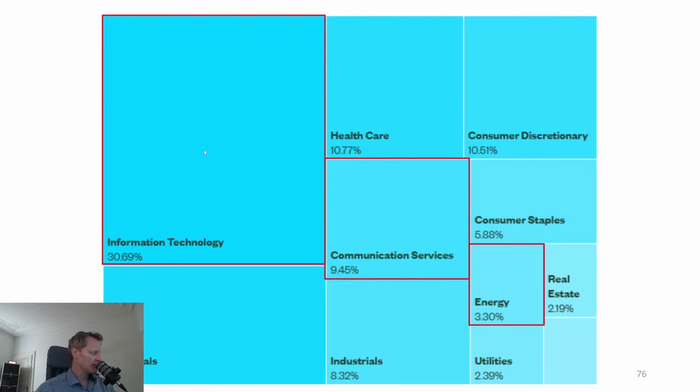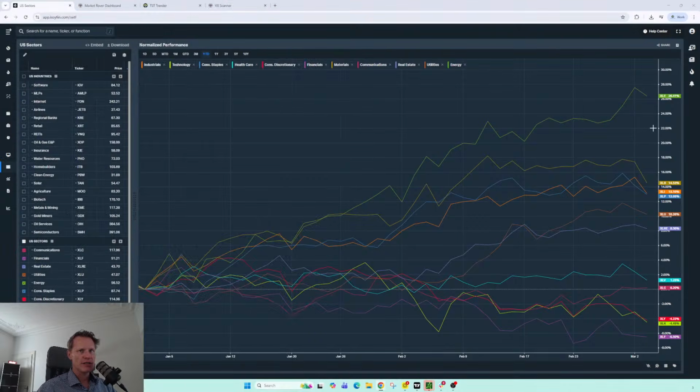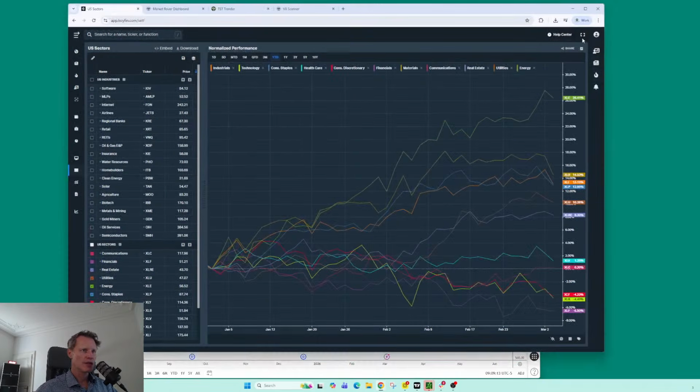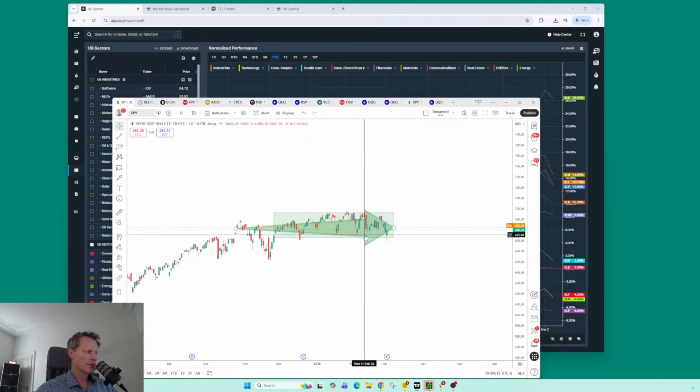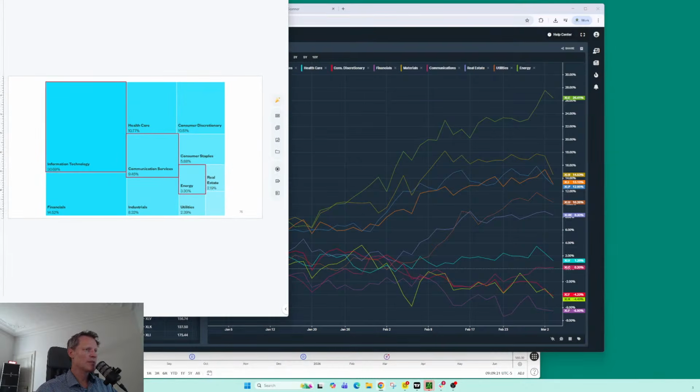So this year, I'm going to switch over to the performance chart. This year, you can see that the XLE, or the tech sector, is up 26% on the year, yet the index, as I just mentioned, has gone sideways. How is that possible? It's only possible if you have some sectors that are so large that are not participating.